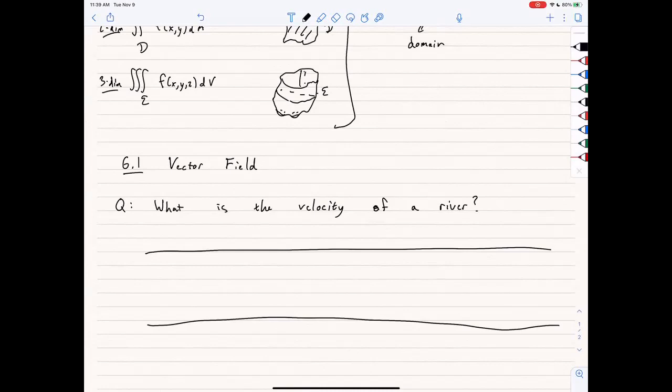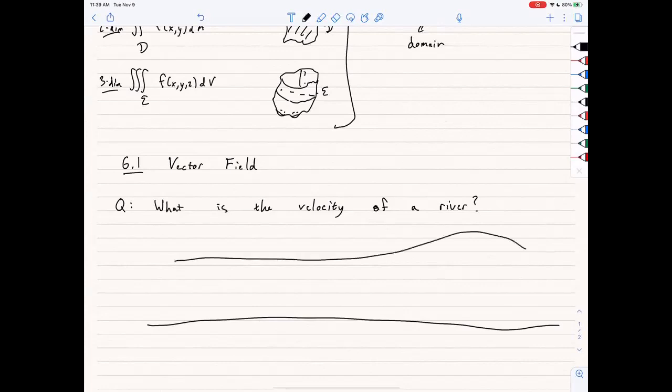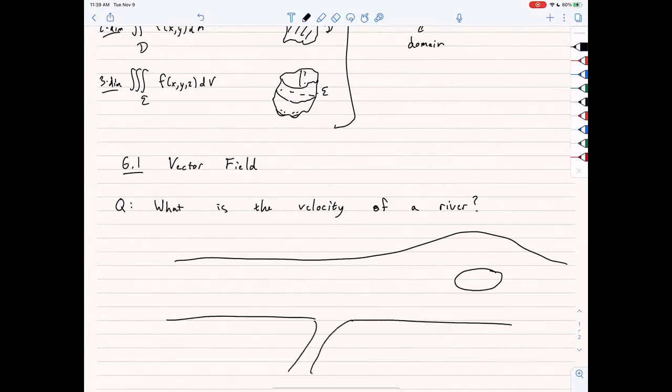What's going on? It's like a little delta. Sorry, I didn't draw my river very well. There's an island here too. There's some inlets here. I'm improvising because I don't like your answer. It's a good answer, but we'll get to your answer in a second.